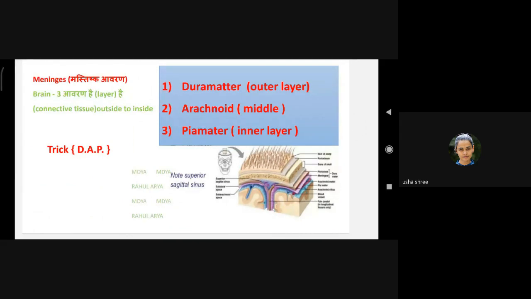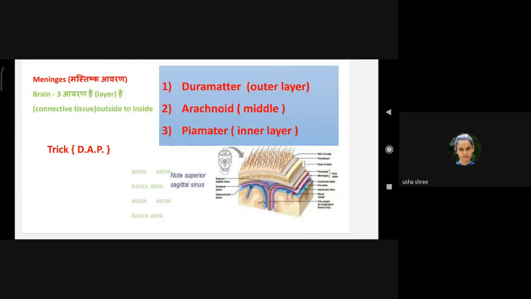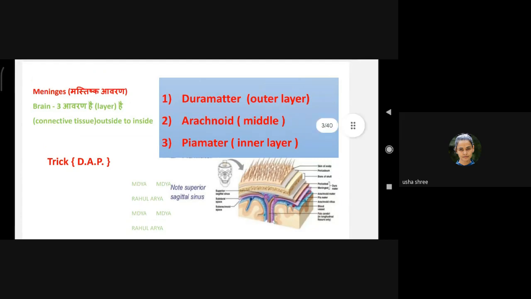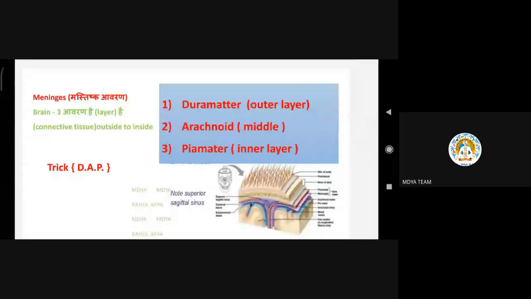Means we can touch the skin of our head, and just below the skin, skull is present, we can feel that, and just beneath the skull, three protecting layers are present, and those protecting layers are collectively known as meninges. You can see here, it is written meninges in red color at the left side corner of the screen.